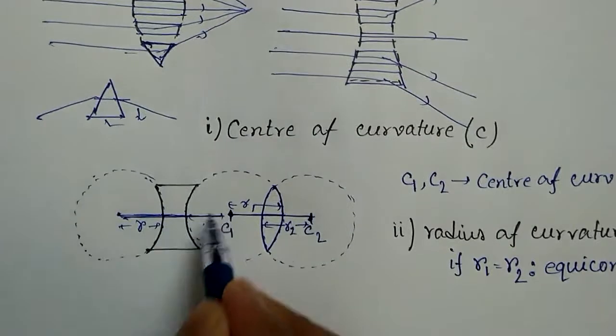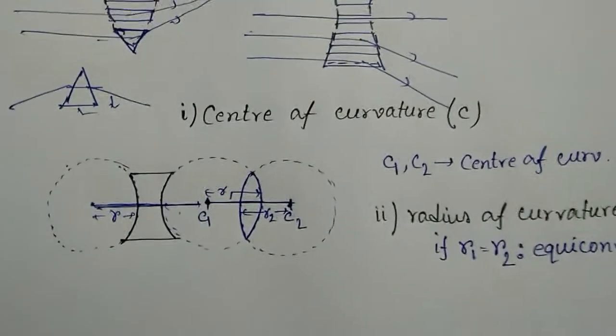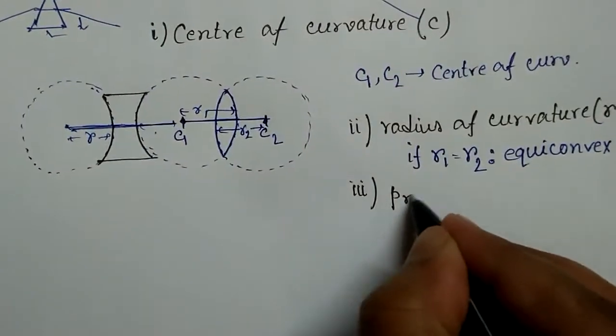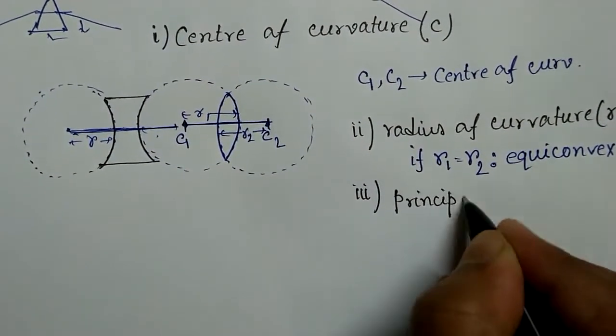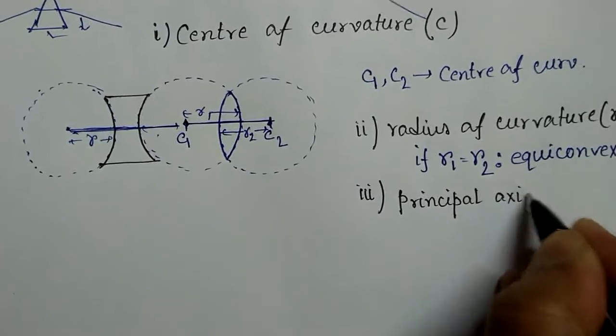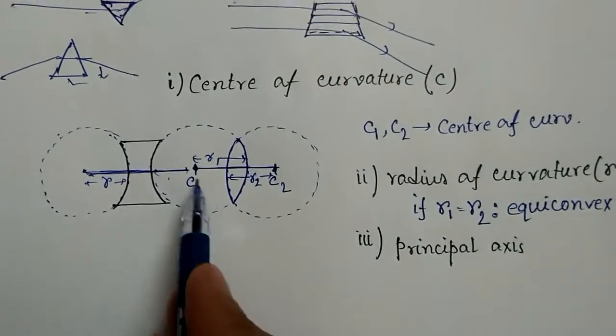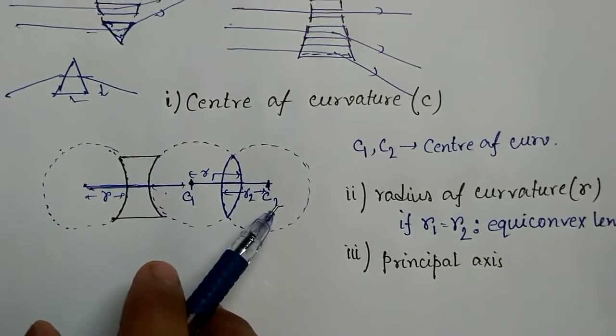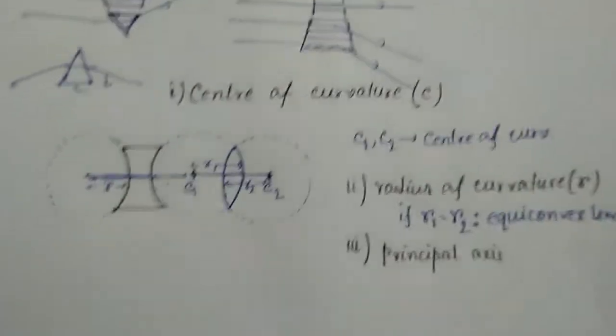So this axis is known as the principal axis. The third term here is principal axis. So here the principal axis is C1, C2.